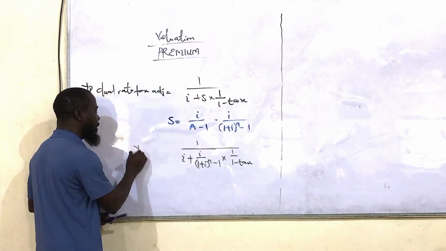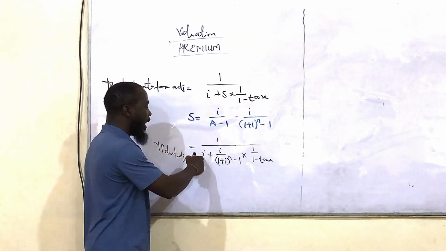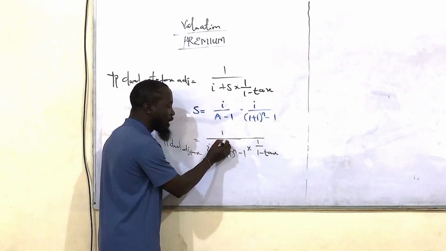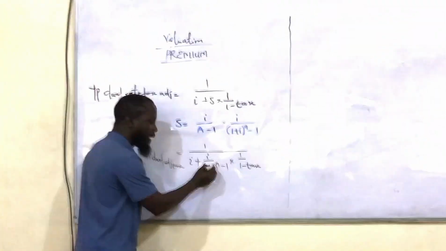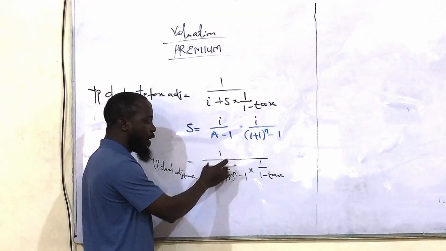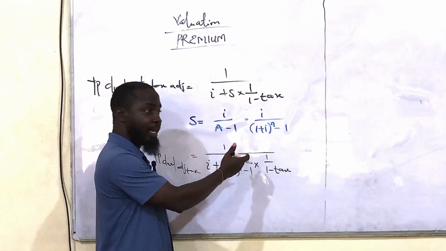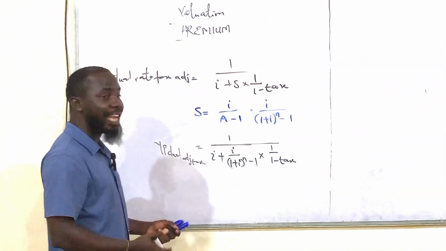This is your YP dual rate. Now let's use I prime for the second I, because this I is different from this I. So: 1 all over I plus I prime all over 1 plus I prime all raised to power n minus 1, times 1 over 1 minus tax. That is YP dual rate adjustable for tax.